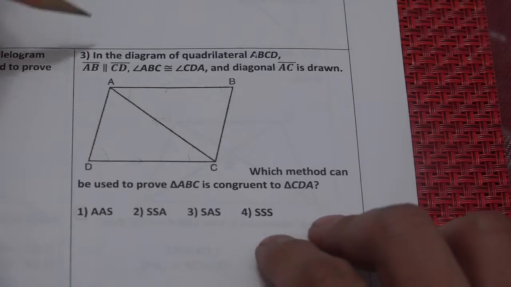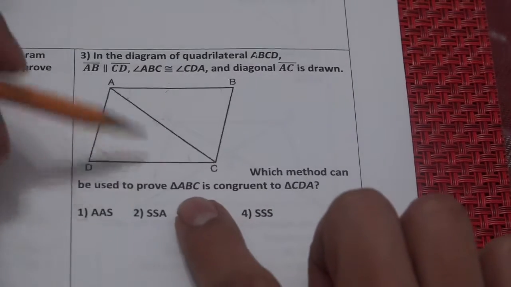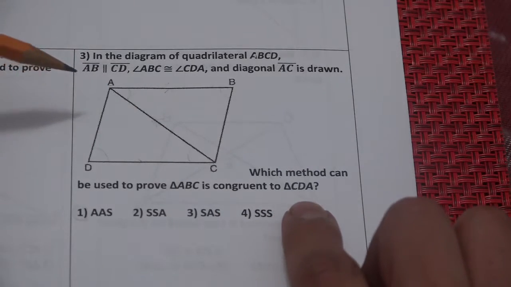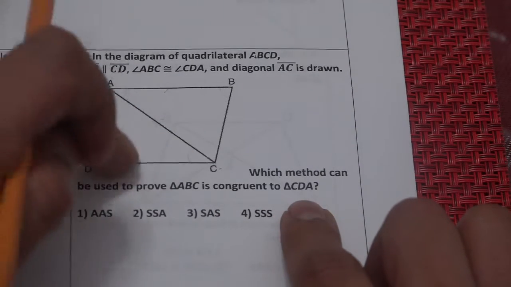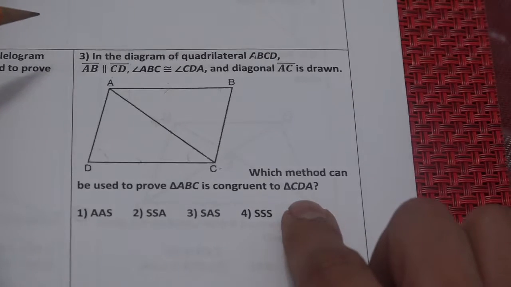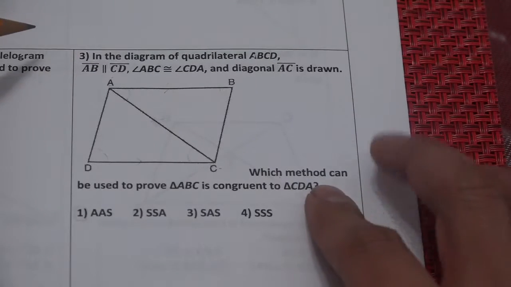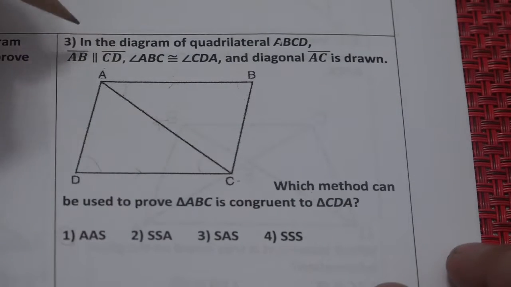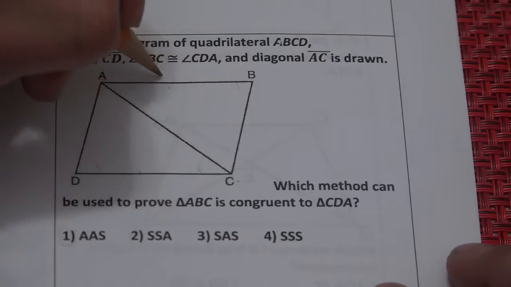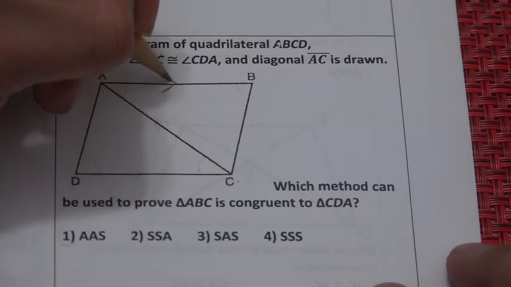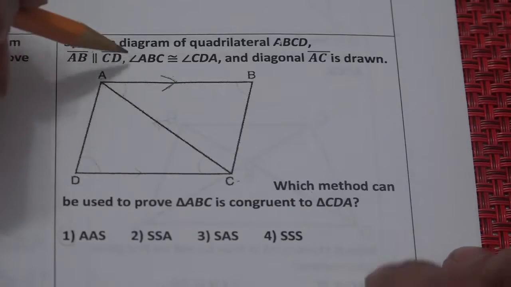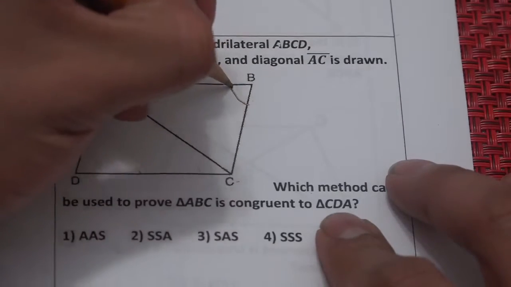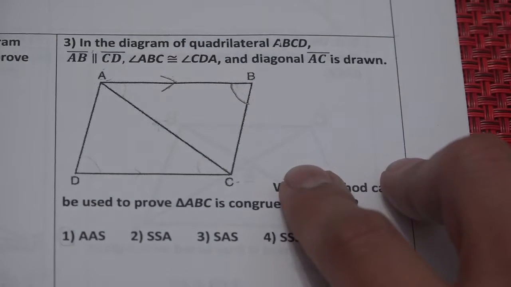So what do I know? It says, which method can be used to prove that triangle ABC is congruent to triangle CDA? So this triangle and this triangle. Well, let's see, what do I know? I know that AB is parallel to CD, and I also know that angle ABC is congruent to angle CDA.